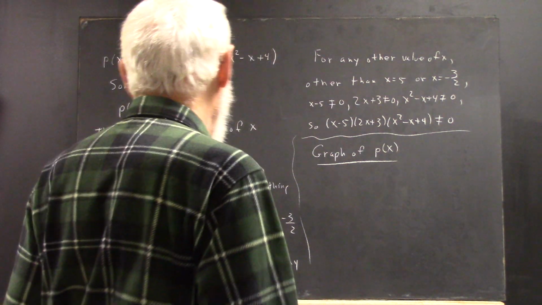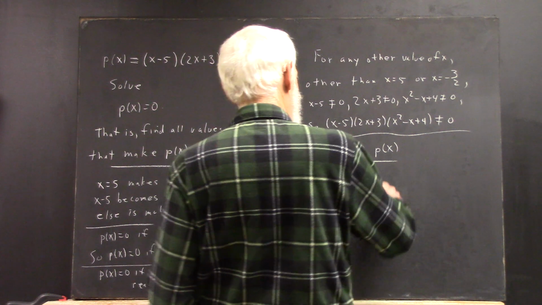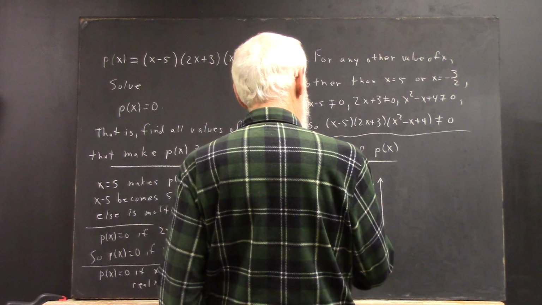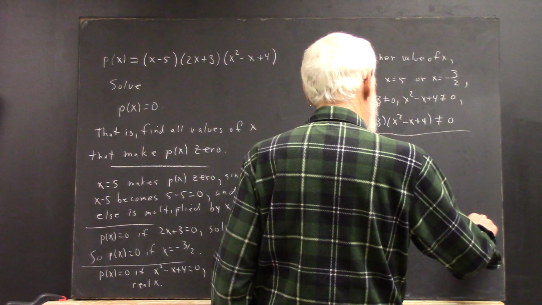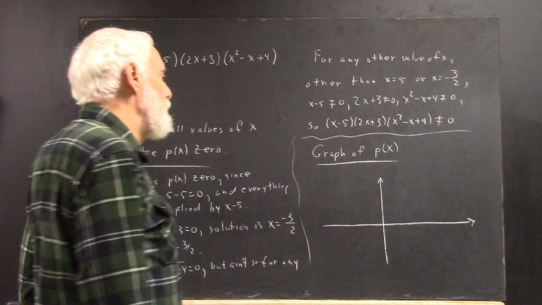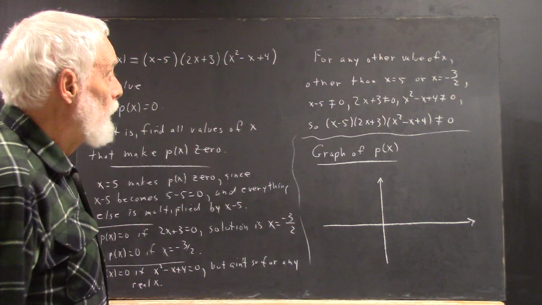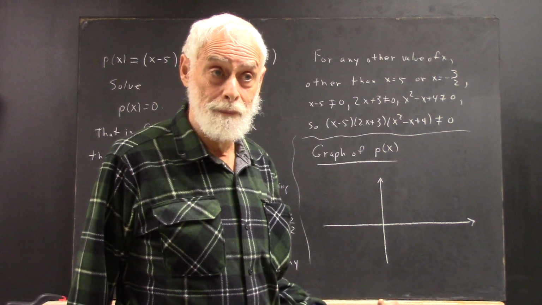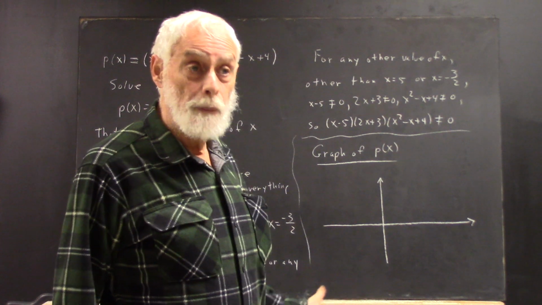So what do we know? We know that when x equals 5, P of x is 0, which means we have a point on the graph.